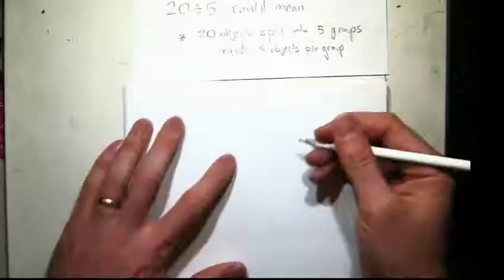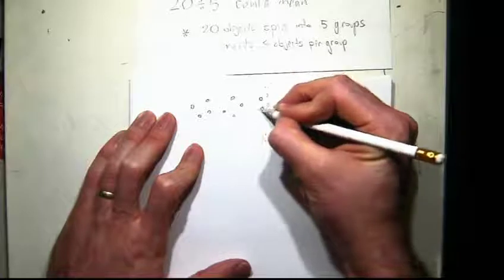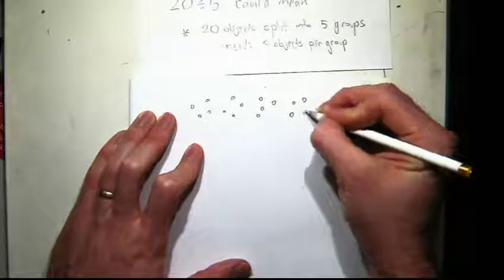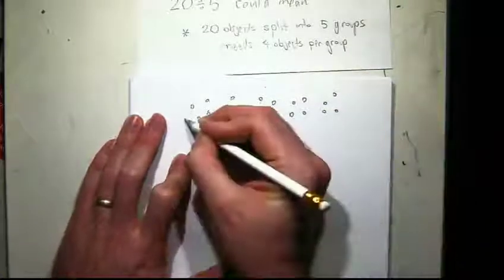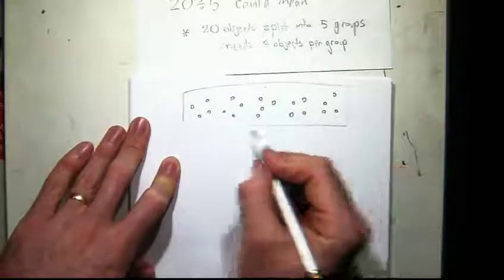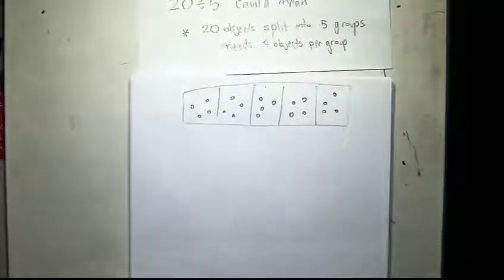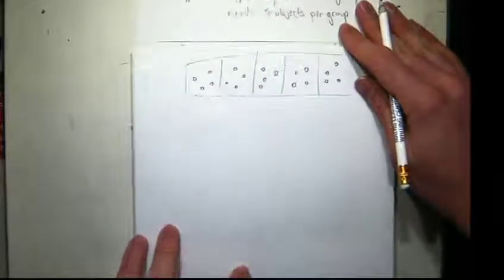So as a picture, it could mean 20 cut into 5 groups, and there's 4 per group. That's what 20 divided by 5 could mean. Okay.